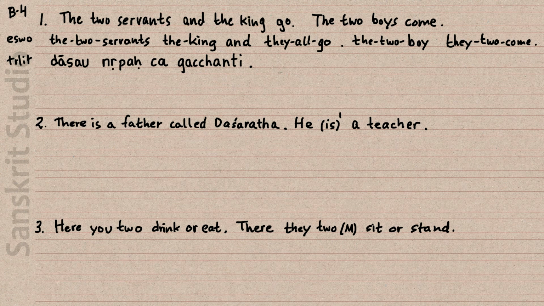And then we have the boy, or the two boys. I should write up here the two boys. So we have balaha, which is one boy, but balau, the two boys. And what they're doing, well, they two come. So we're talking about agacchati.